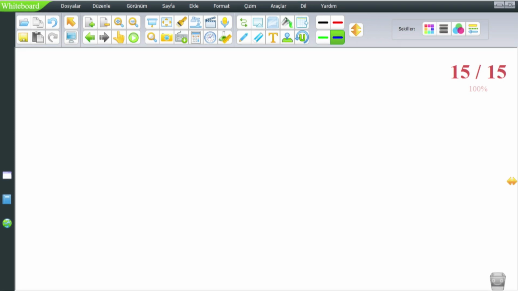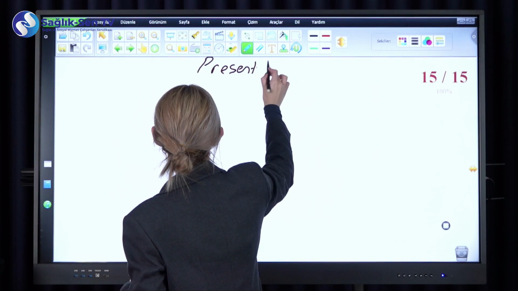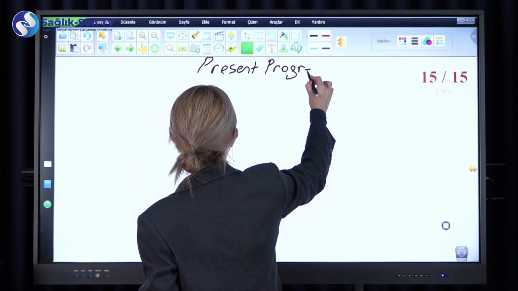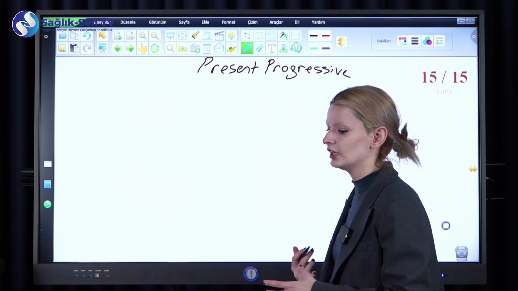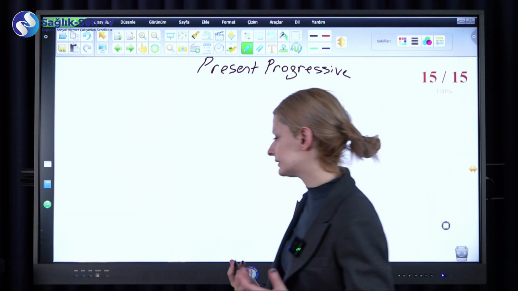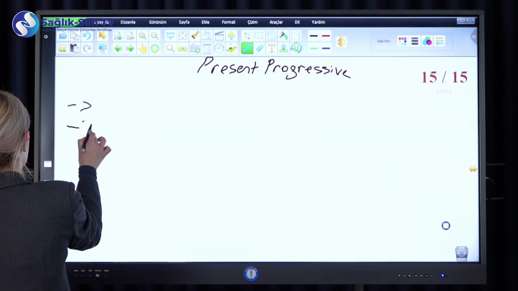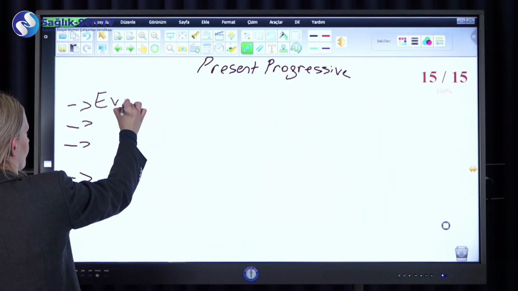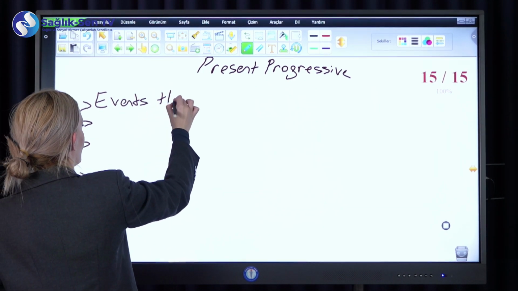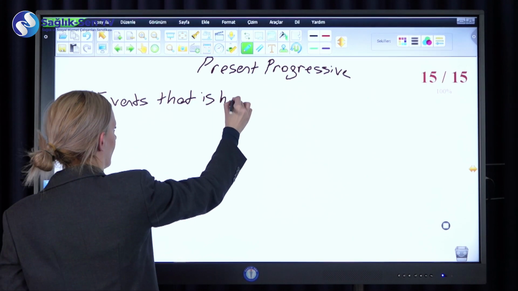Now, let's remind ourselves the use of present progressive. Present progressive is used in many uses. It can mean different things. First is events, actions that are happening now.